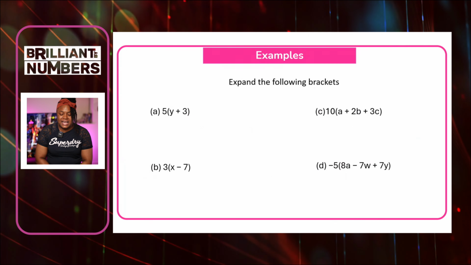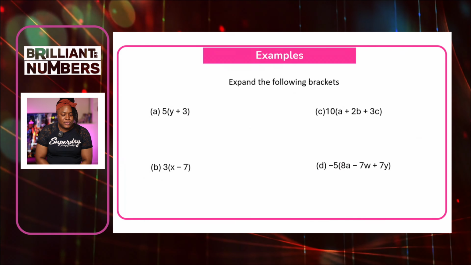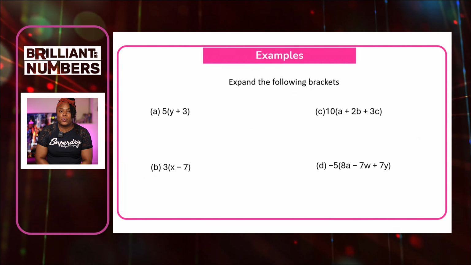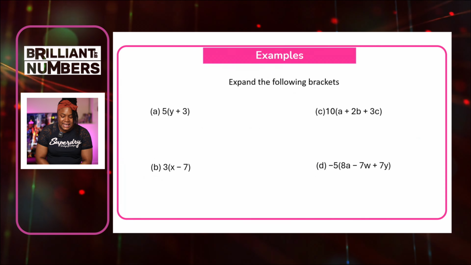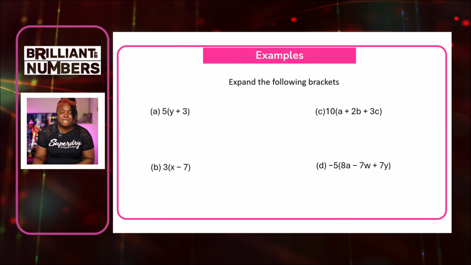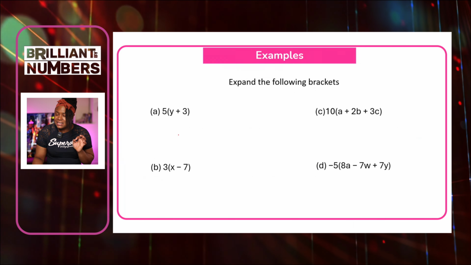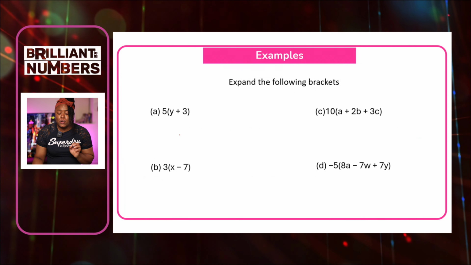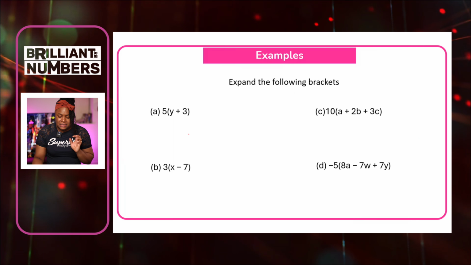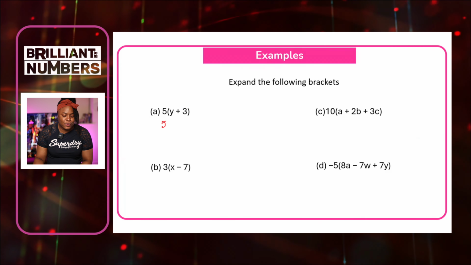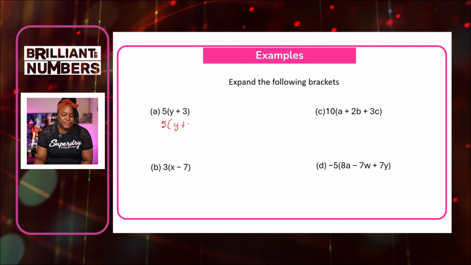So we're asked here to expand the following brackets. So in part A, we're given 5 on the outside of the bracket and y add 3 on the inside. So remember, first step we talked about was to use the term directly outside the bracket and multiply both of the terms that are inside the bracket. So I'm just going to rewrite this here. I've got 5(y + 3).